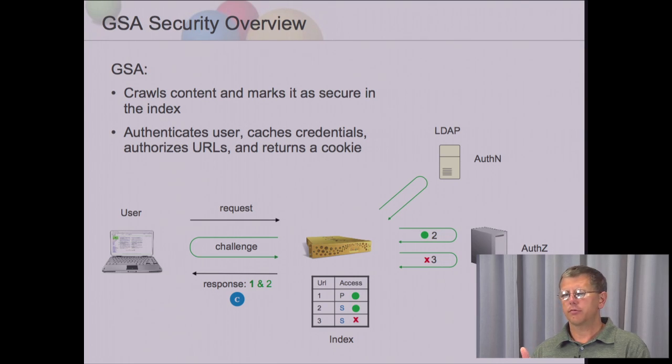User 1 runs a search for 10 documents that are secure, then 10 results come back. We store those 10 results in the Auth-Z cache because a lot of times users run subsequent searches for similar documents that return the same documents. So it doesn't make sense to send a lot of head requests back out to the content server.